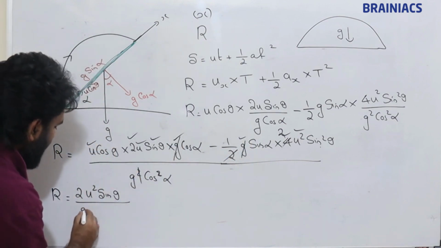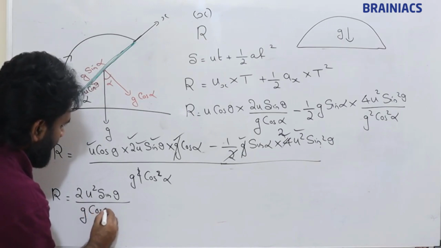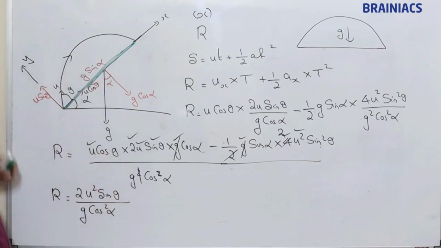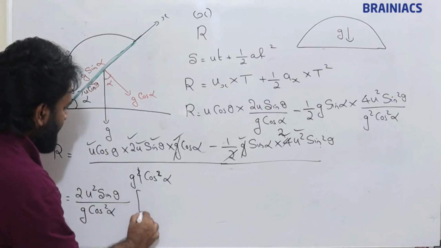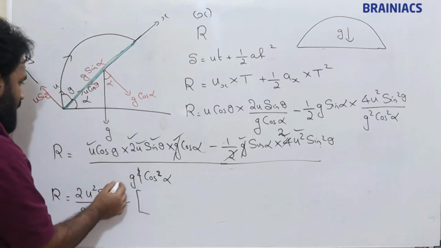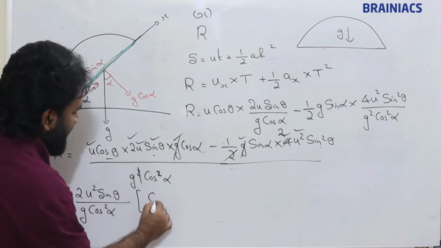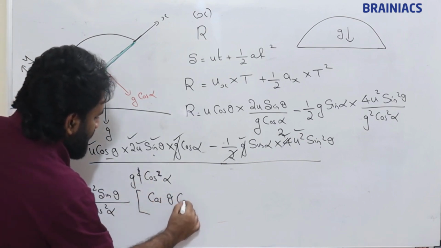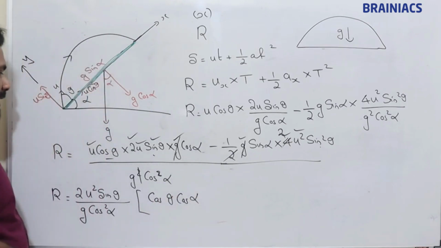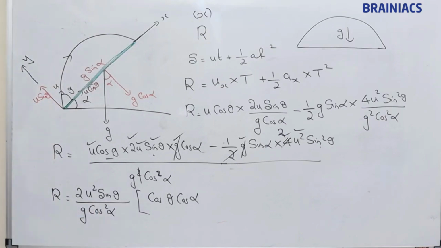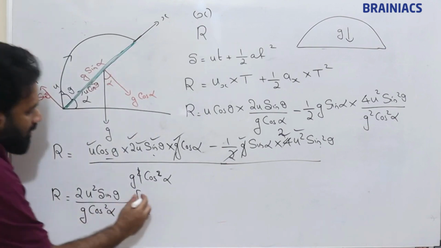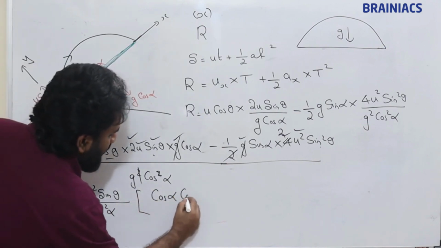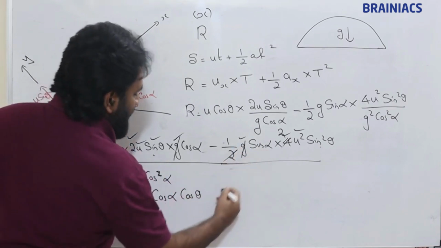square. So here we can write g cos square alpha. This thing we will take outside, and here this will become sin theta came out, so cos theta cos alpha. Here we will write in this way, cos alpha cos theta, and here what is available?